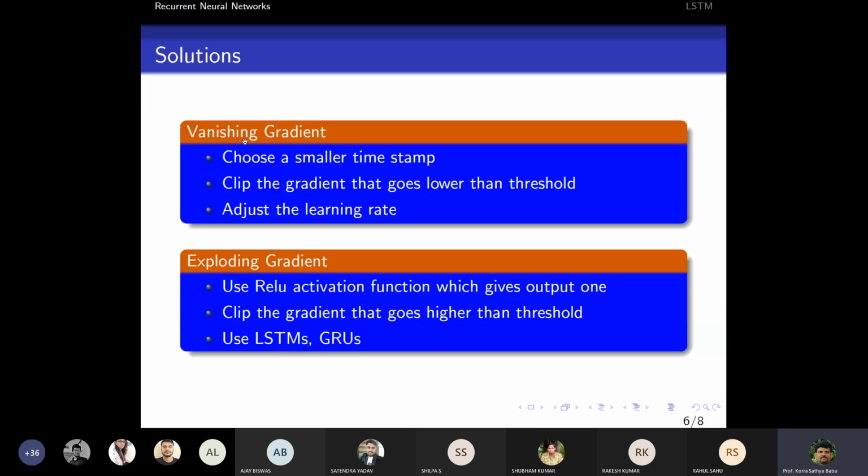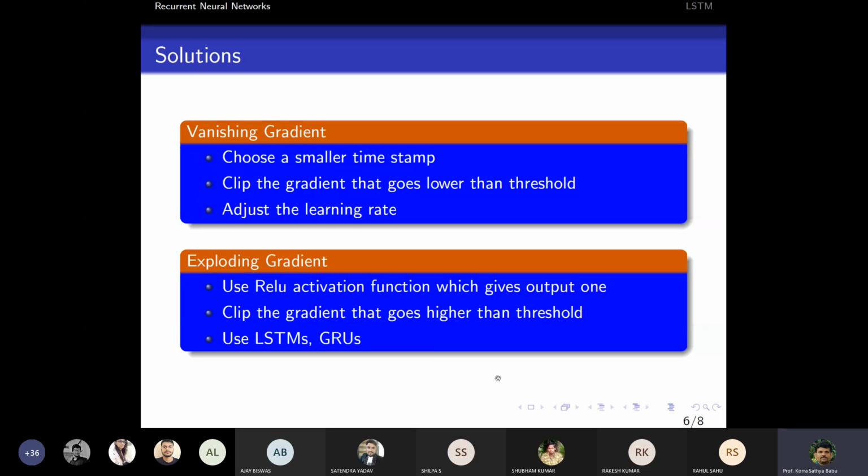Sorry, adjusting the learning rate is for exploding gradient actually; it has to come there. For vanishing gradient, you take these two points and then this third point: please use LSTMs or GRUs to overcome the vanishing gradient.